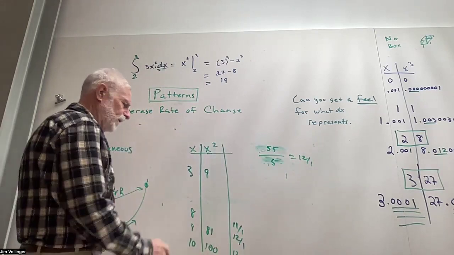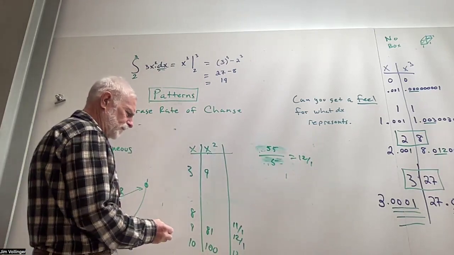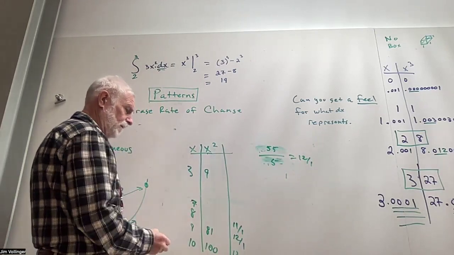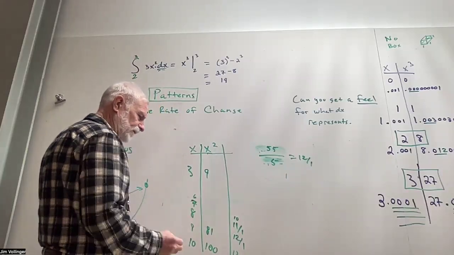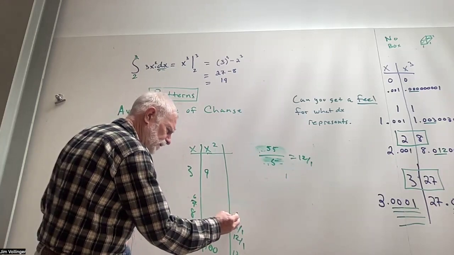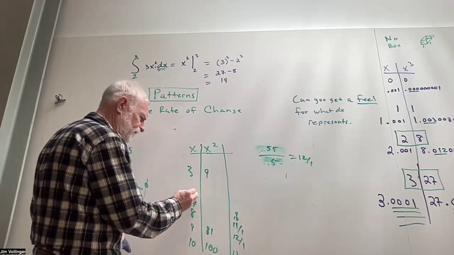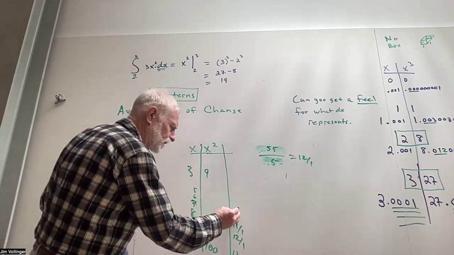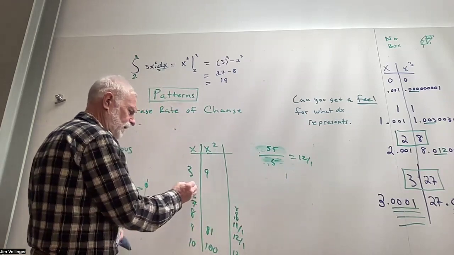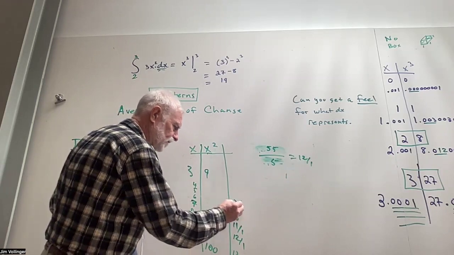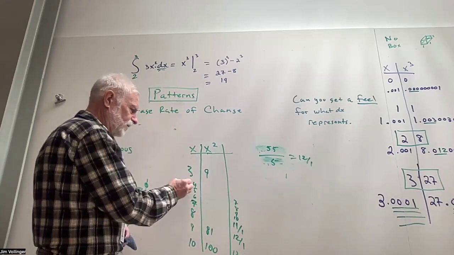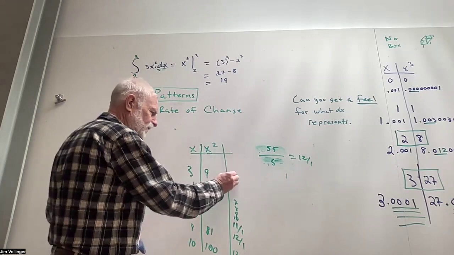I wonder what rate I'd be changing at if I went to 7. I think it would be 10 to 1. And 6, I think, would be 9 to 1. And 5 would be 8 to 1. And 4 would be 7 to 1. And at 3, it's going to be 6 to 1.